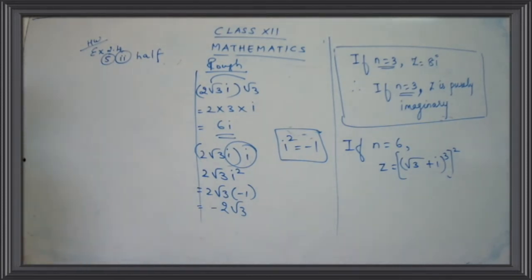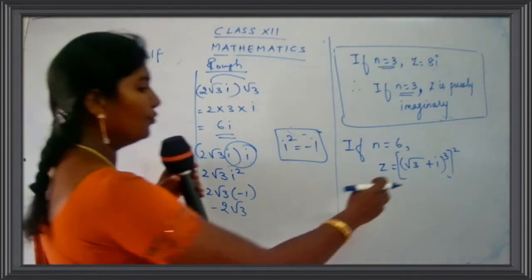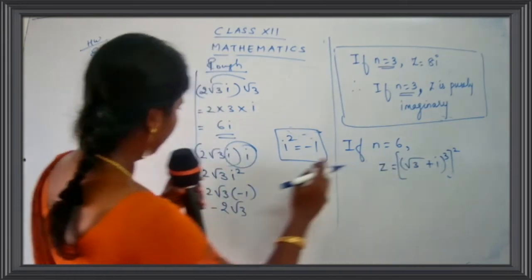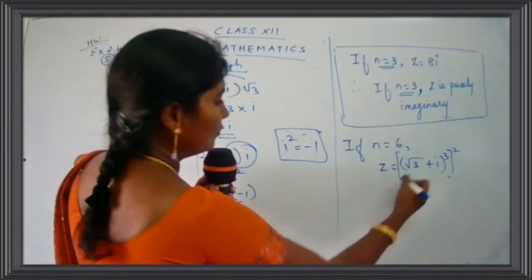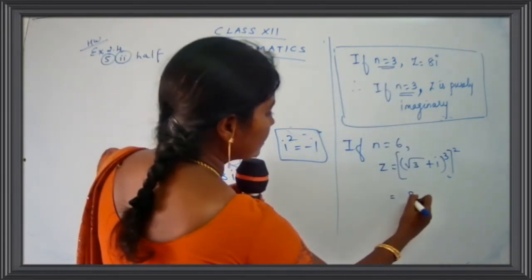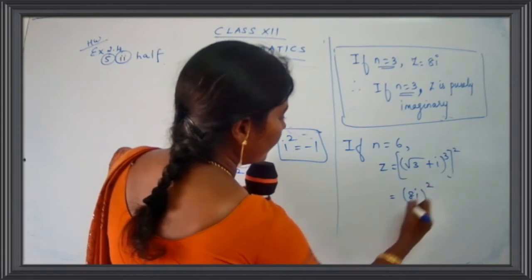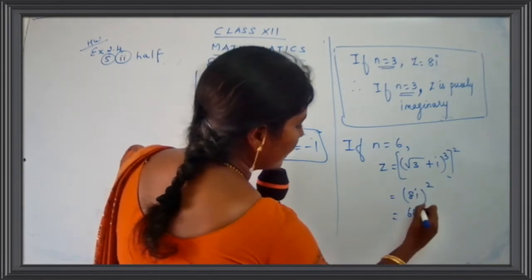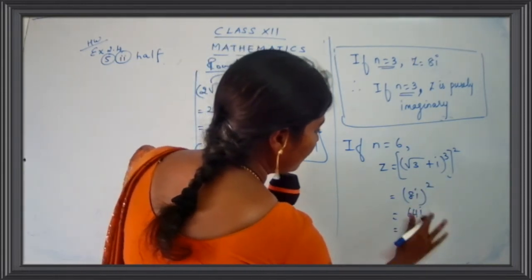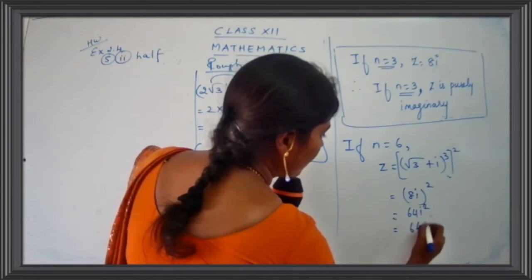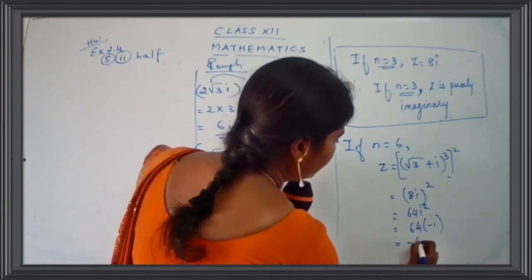I hope you are clear with the statement. We have found the value for root 3 plus i the whole cube. The value is 8i, the whole square. 64 i squared, 64 into minus 1, which is equal to minus 64.